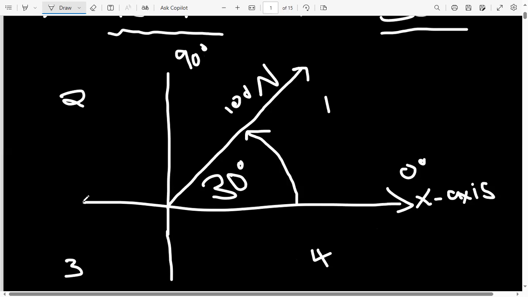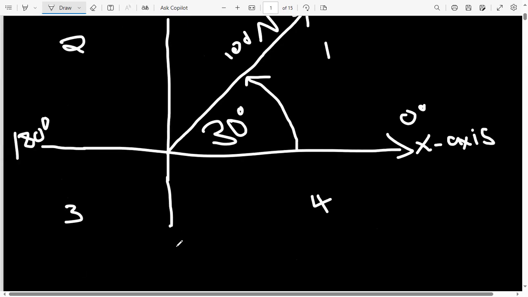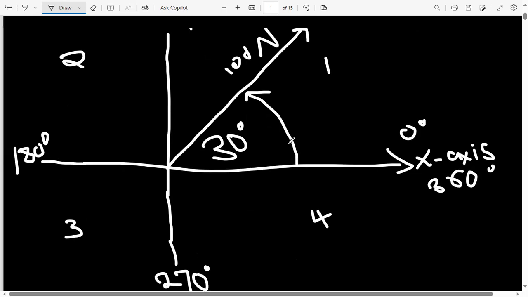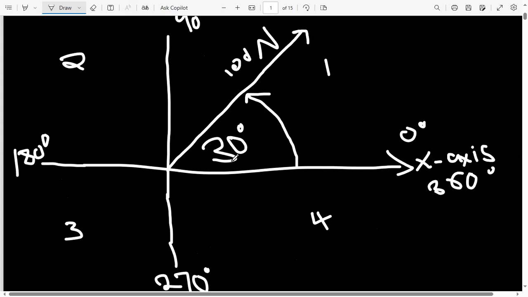And then this line here, let me extend it a bit, is the 180 degrees. Then this line down here is the 270 degrees. And then when we come back here, we find our 360 degrees. So any vector that we can get is always read from the positive x-axis.